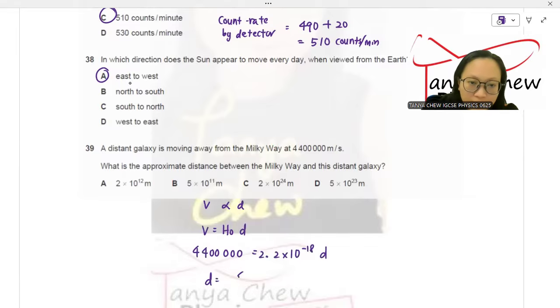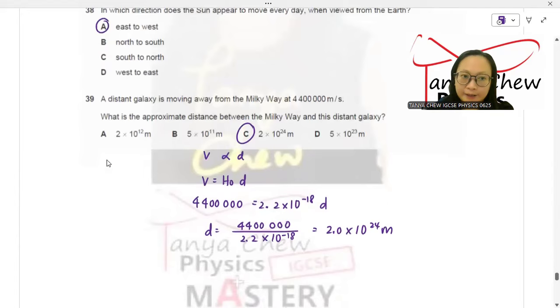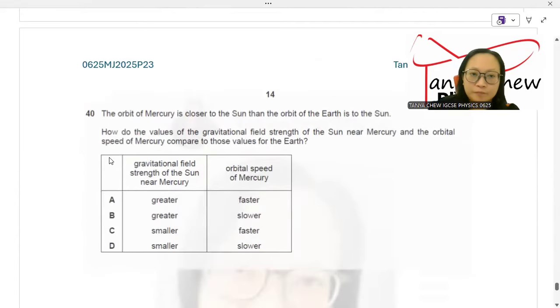So the distance will be 440,000 divided by 2.2 times 10 to the power negative 18. And the distance that I got was 2 times 10 to the power of 24 meter. C is the answer.